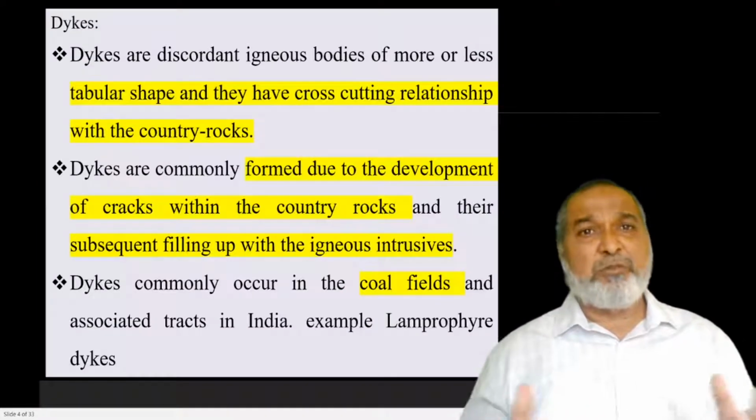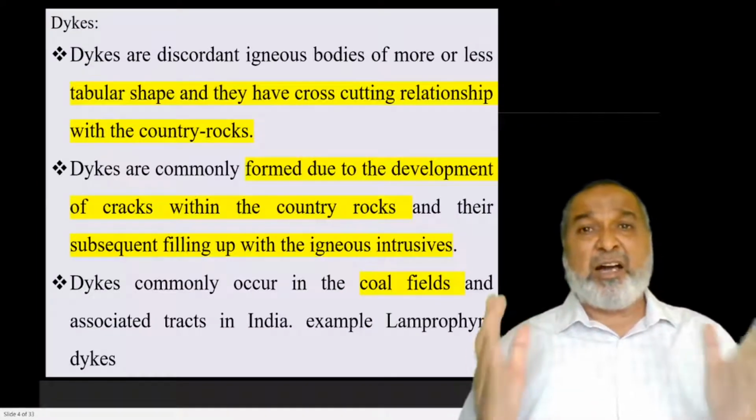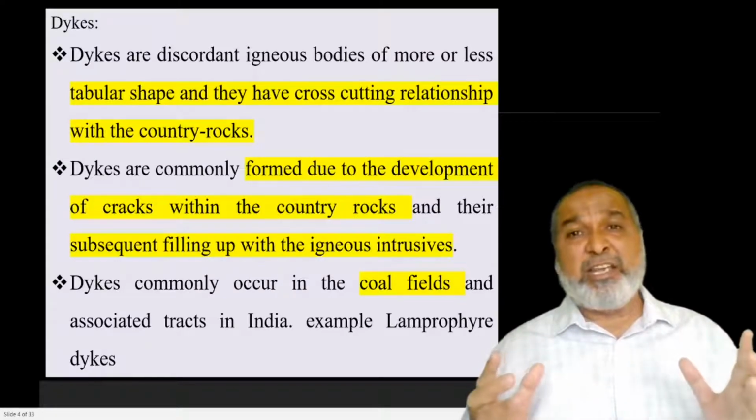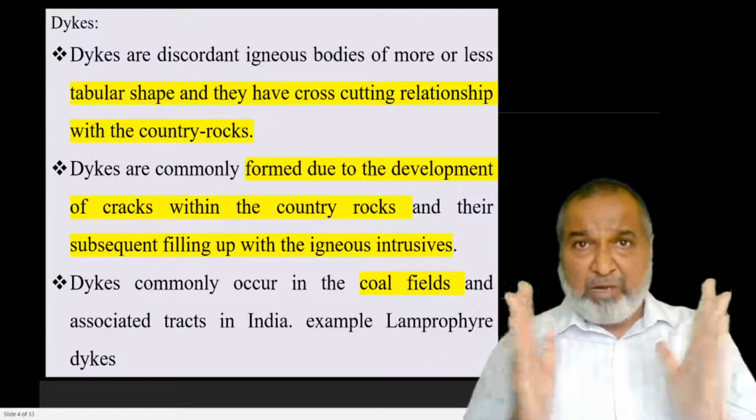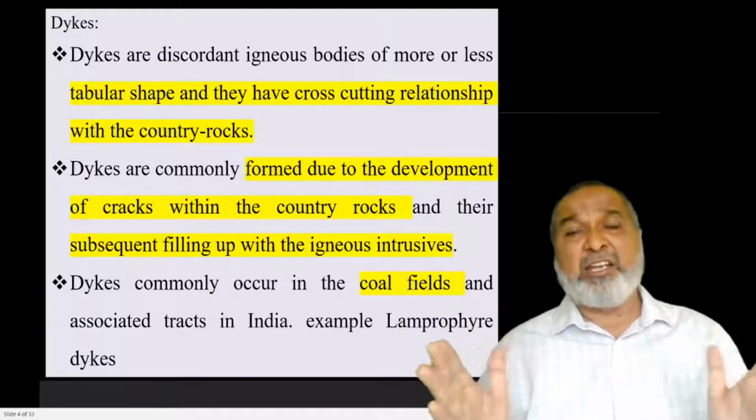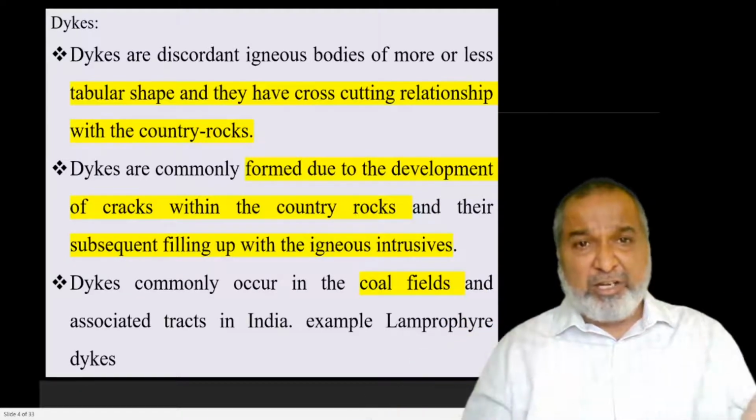In that we are going to mention that dikes are discordant igneous bodies, more or less tabular ones, and they cut the country rocks.